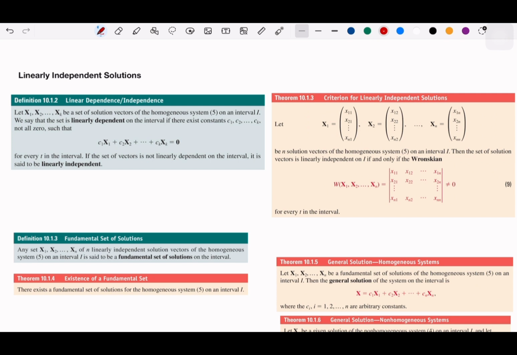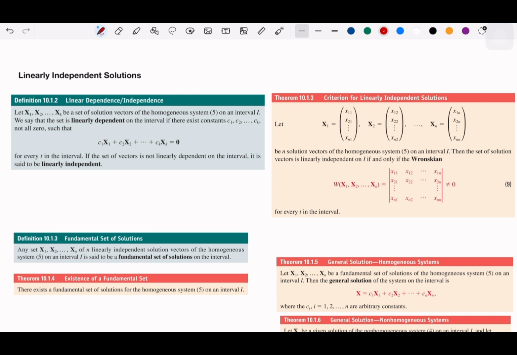And after that, we want linear independence. Okay, if it is linearly dependent, that is not going to give unique solutions. So we want to make sure that every solution that we have is linearly independent. Okay, and for the solutions that we are going to have, we are expecting a fundamental set of solutions.